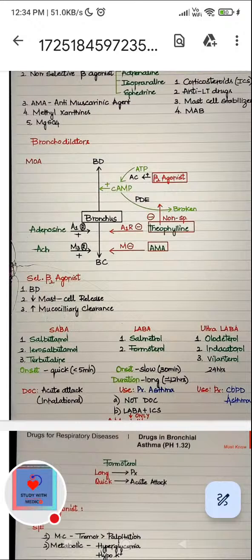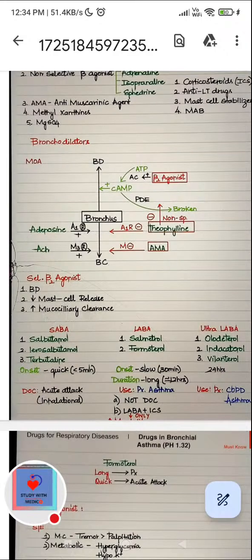Mast cell stabilizers, sodium cromoglycate and ketotifen. Glucocorticoids, inhaled glucocorticoids and systemic glucocorticoids. Inhaled glucocorticoids, these are beclomethasone, budesonide, fluticasone, ciclesonide and flunisolide. Systemic glucocorticoids, hydrocortisone, prednisolone and methylprednisolone.